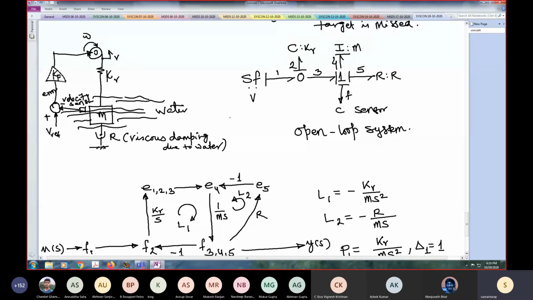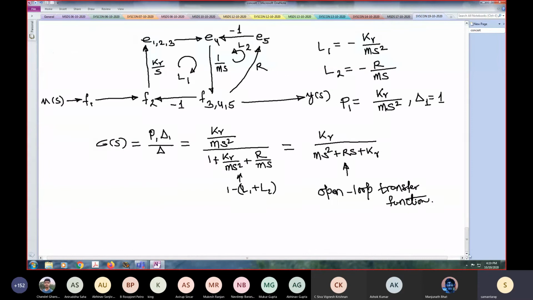When we feed back, we will get a closed loop transfer function G_c(s), which is K times G(s) over 1 plus G(s)H(s), where H(s) is constant K. So we will put that and find it out.